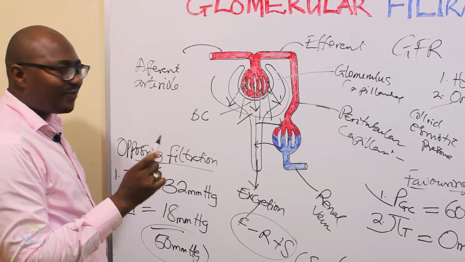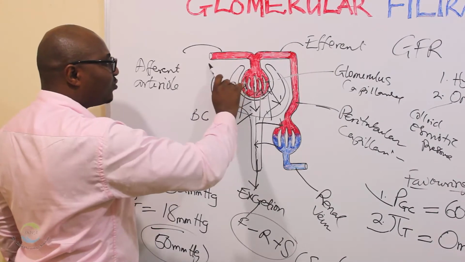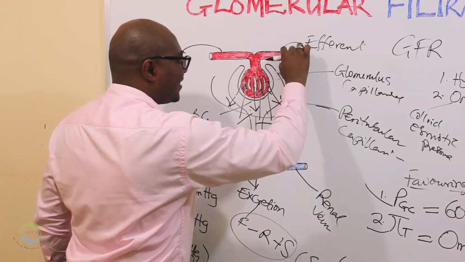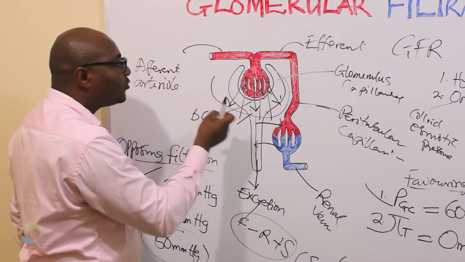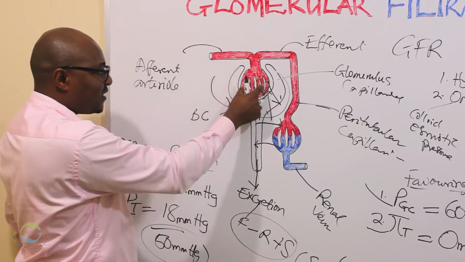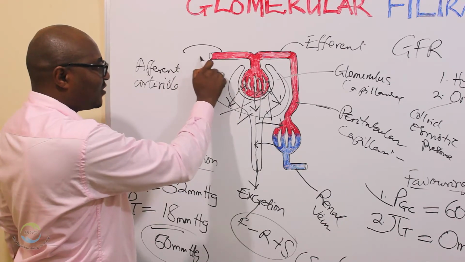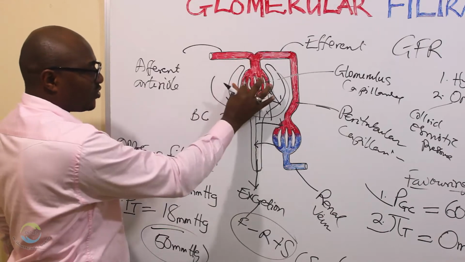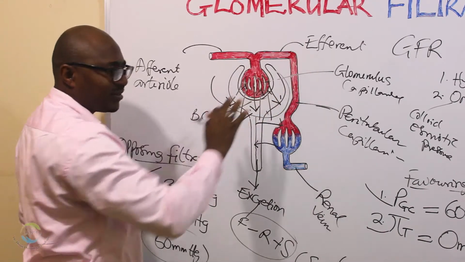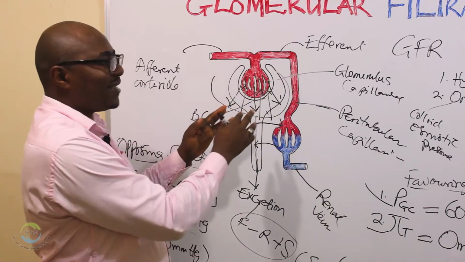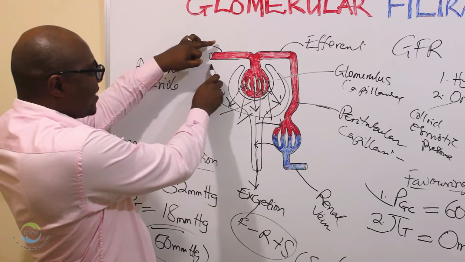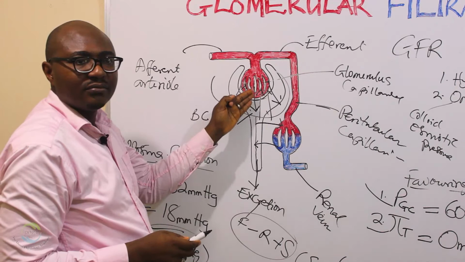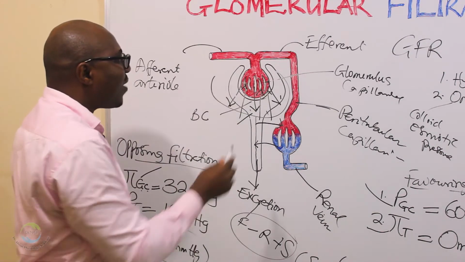And the difference is that renal blood flow takes into consideration everything, both the afferent and the efferent. But filtration stops here. So afferent supplies filtration and filtration stops here. Efferent, no. So anything that will increase the flow of the afferent will increase glomerular filtration. Why?